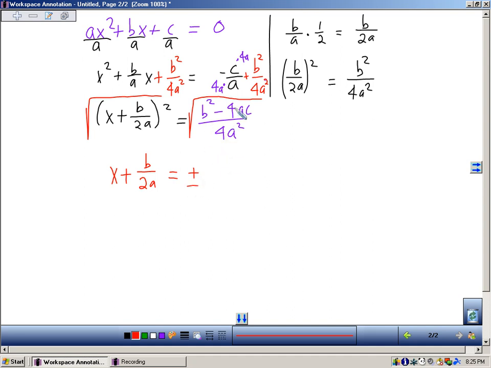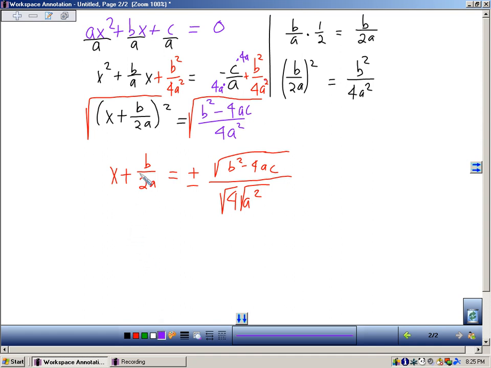I'm going to break this up using the quotient property: the square root of b squared minus 4ac, now pay attention, all over 4a squared. Let me use the product property here. And so the square root of 4 is 2, the square root of a squared is a. So this becomes just 2a.